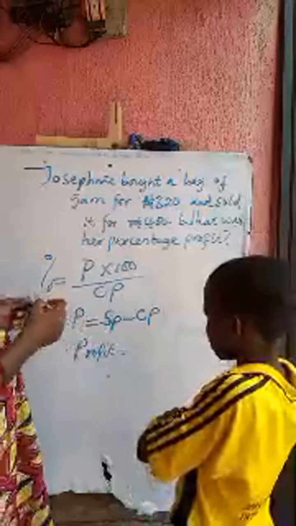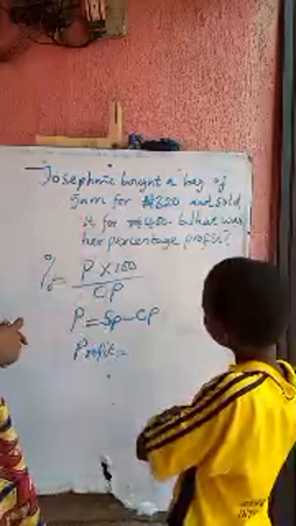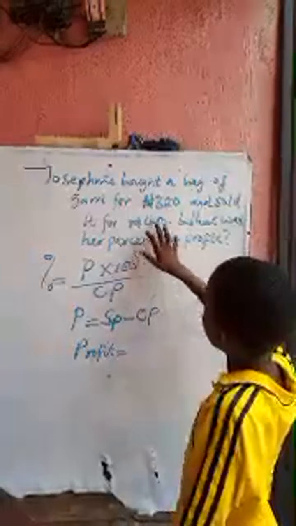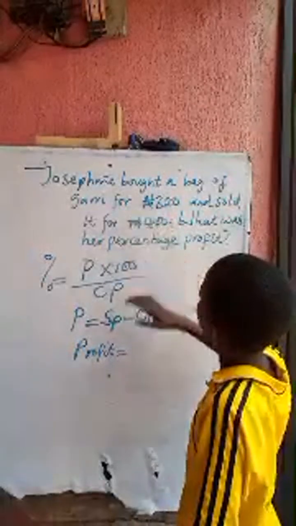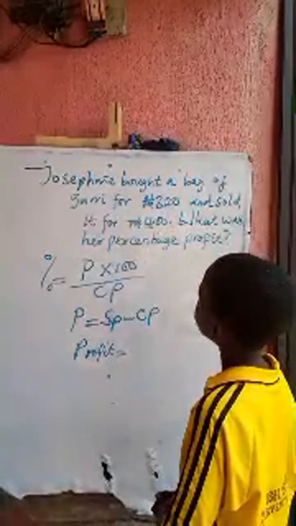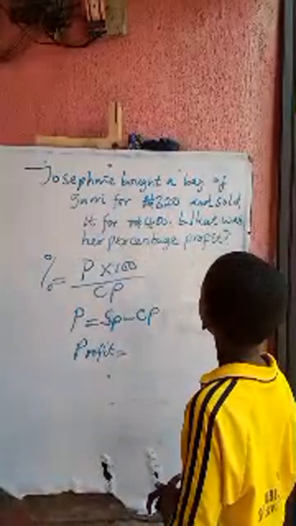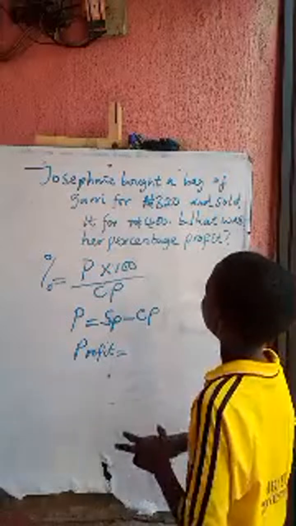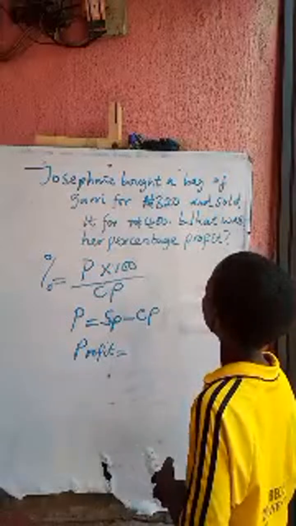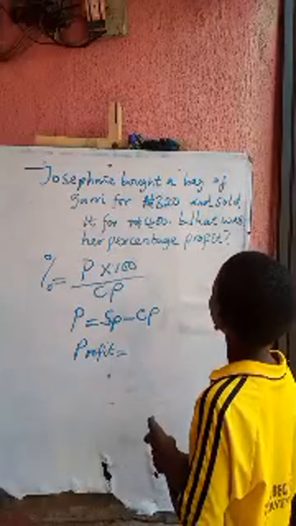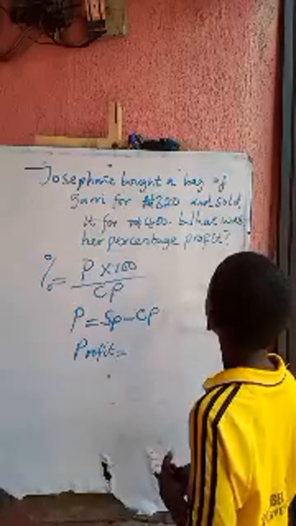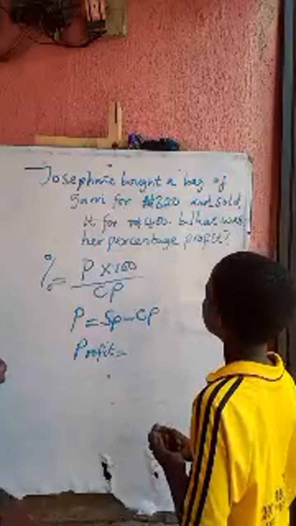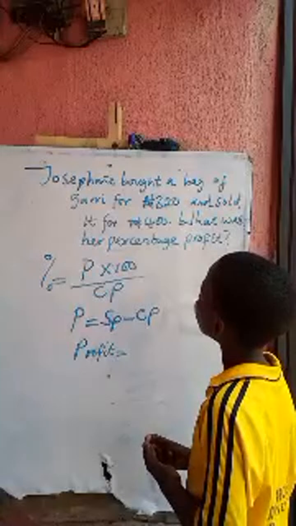Profit equals, from the question, what is the selling price? Read the question and tell us how much she sold the garri. Josephine bought a bag of garri for 320 naira and sold it for 400 naira. So she sold it for 400 naira.